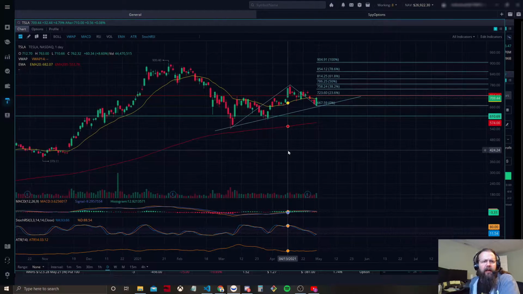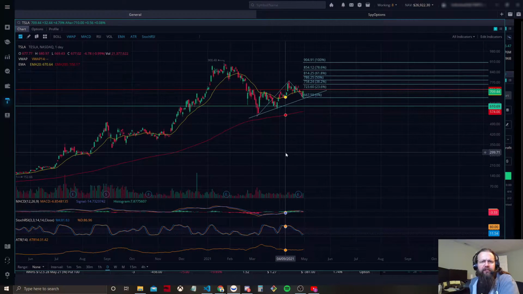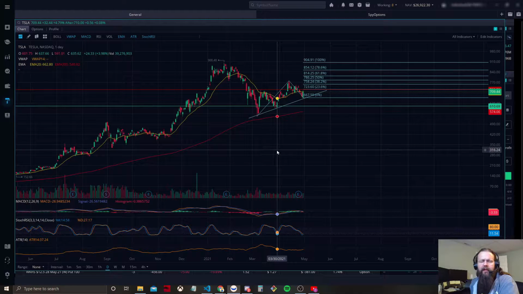So I've been watching Tesla for a while. I had originally invested after the split. They had, I believe it was a 5-to-1 split. It was up to 1,500.